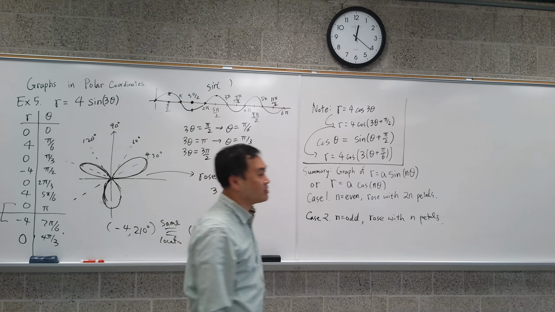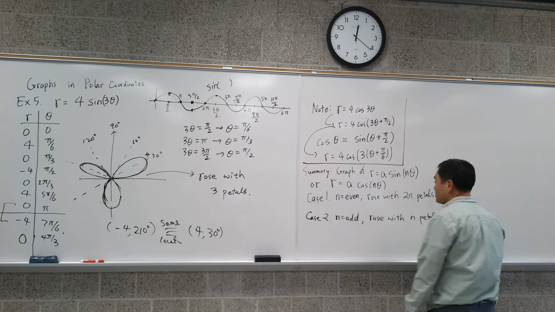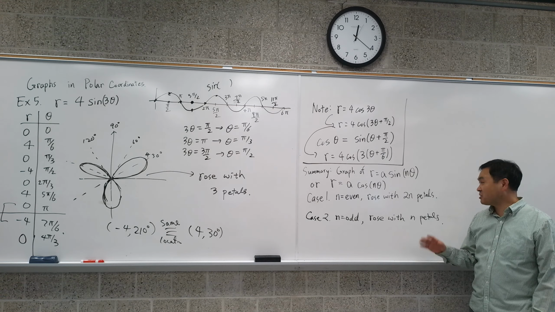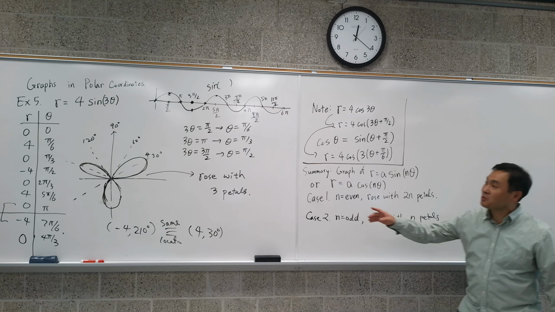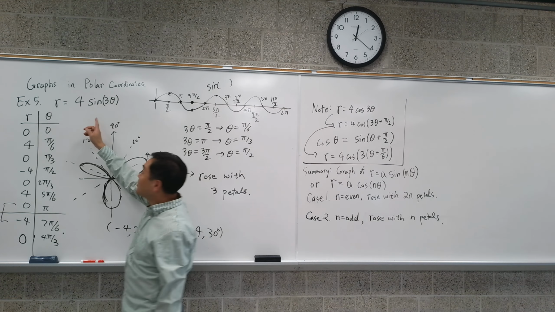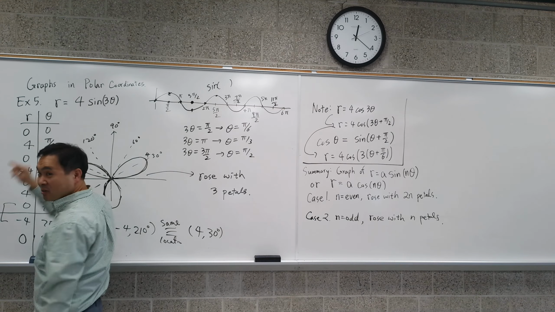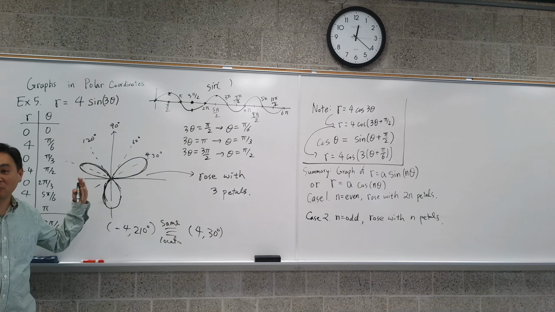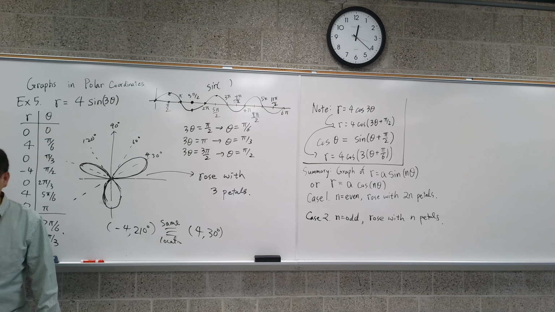Okay? So if you really, really need to draw the graph of a rose with 6 petals, then you need to put exactly this graph, or you need to put an absolute value so that you don't get this backtracking so that you cover the same graph twice.